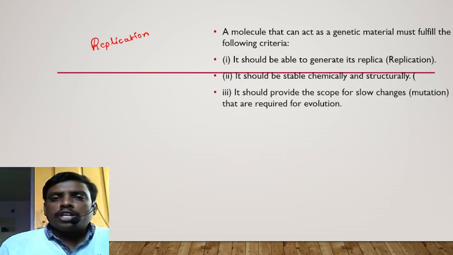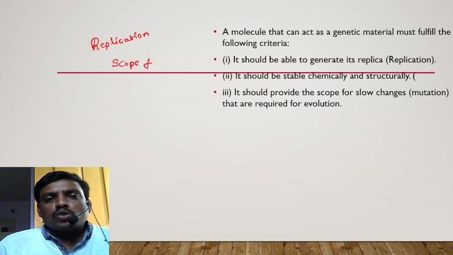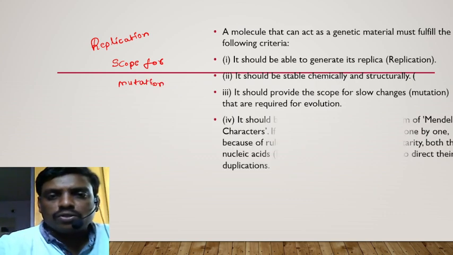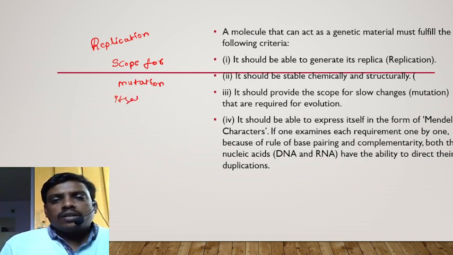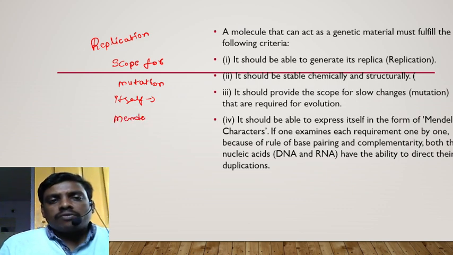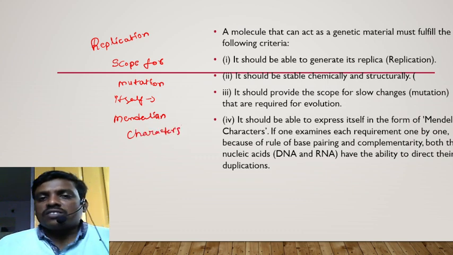At the same time, it should provide scope for slow changes, mutations, that are required for evolution. It should be able to express itself in the form of Mendelian characters.